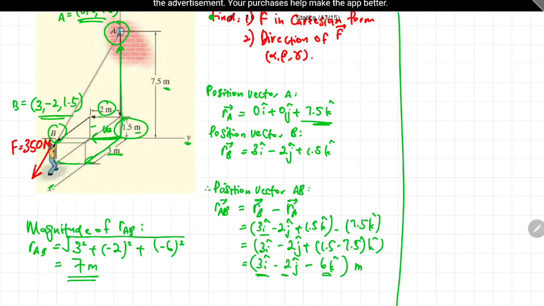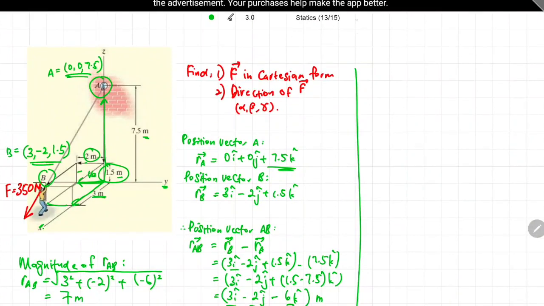Okay, if you recall from the previous slide, we can relate the force vector with the position vector using the unit vector punya formula, whereby unit vector is equivalent to force vector divided with the magnitude of the force, and this is also equivalent to the position vector divided with the magnitude of the position vector.